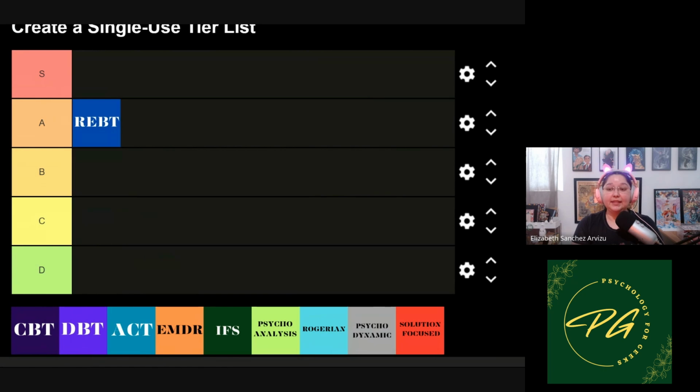Now, with this type of therapy, CBT and other short-term therapies have a specific way that they need to be done in order for them to be effective or more effective, right? So from my understanding, psychoanalysis has to be done in a very long-term kind of thing, and you have to not miss a session.